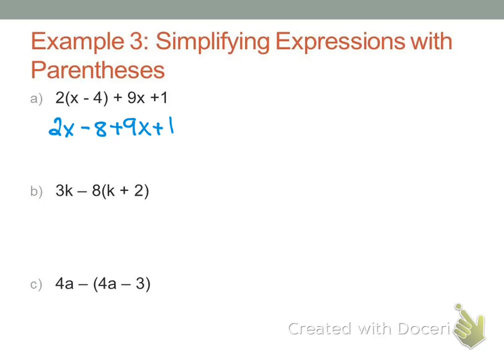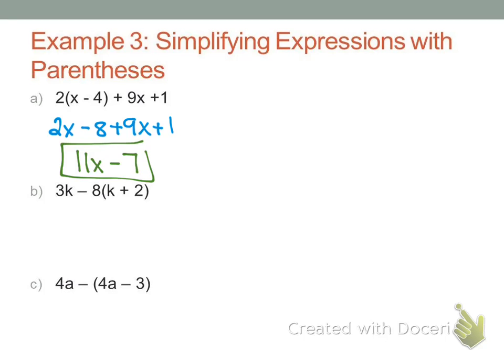Then I can combine like terms. What's 2x plus 9x? 11x. What's negative 8 plus 1? Negative 7. 11x minus 7. So to answer your question, Wesley, that's why it's a minus 7, because 7 is negative. That's how I know what sign goes in between the terms. If it was positive 7, it would have been a plus sign.